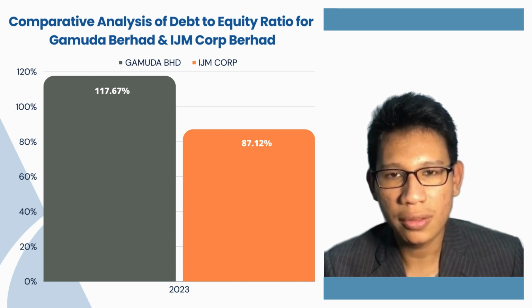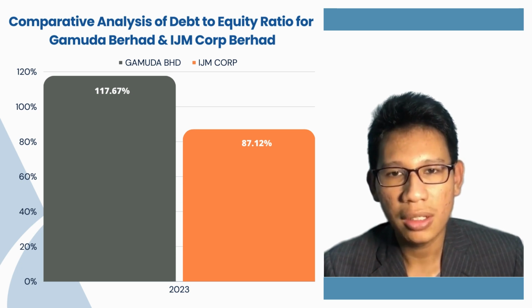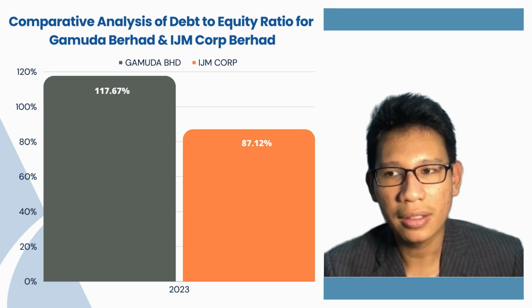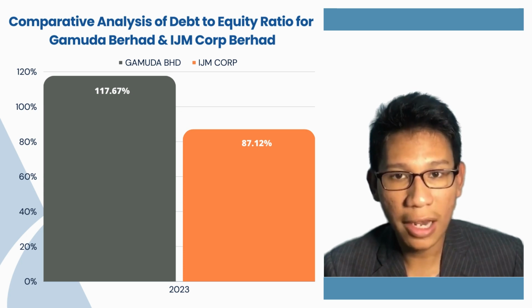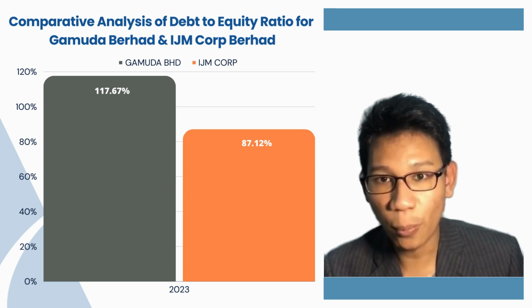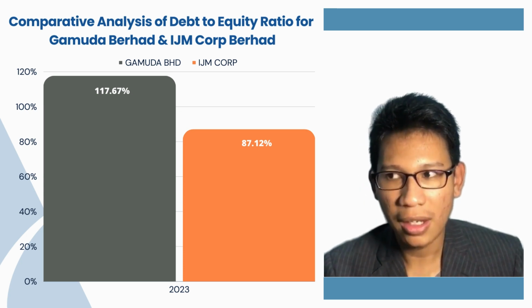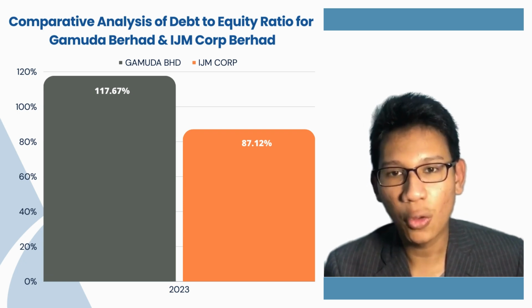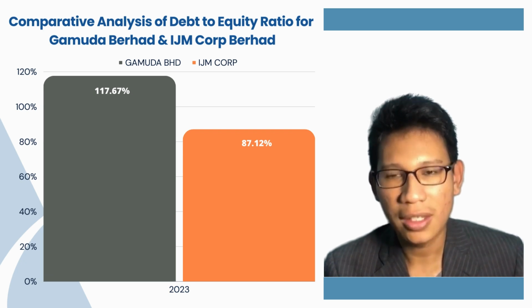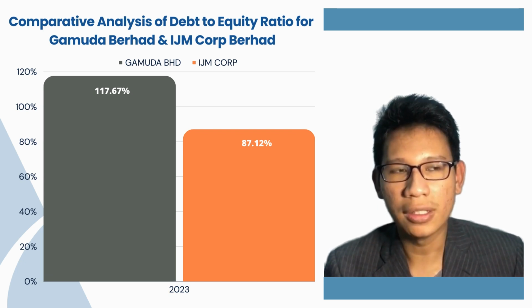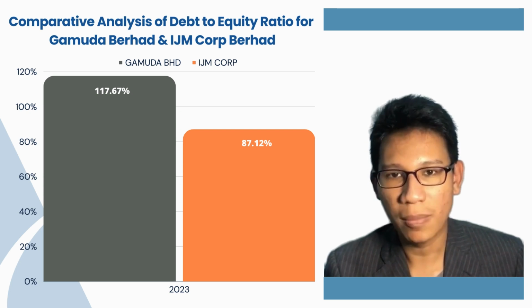In the year 2023, Gamuda Berhad has a higher debt to equity ratio than IJM. The reason is that Gamuda relies on its debt to manage its operations. On the other hand, IJM is trying to lower its debt to equity ratio and increase its equity. This is due to lowering the risk of the company. IJM has higher equity than Gamuda Berhad.